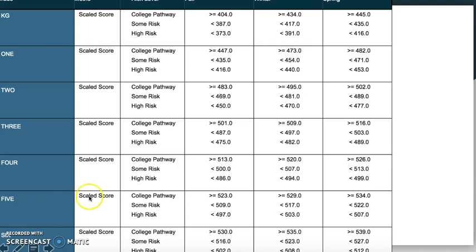Again, in 5th grade, if we go across, we expect that your student will read a score of 509 or higher. And in 6th grade, we expect your student to read a 516 or higher. So this is the beginning of the school year scores that we're looking at. So let's say your student received a score of that grade or higher.